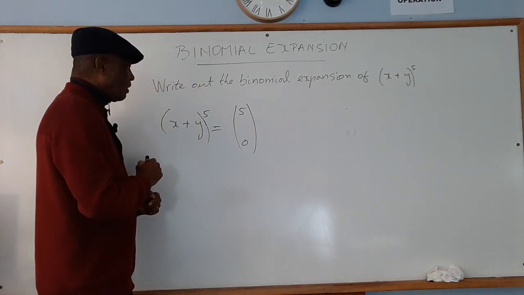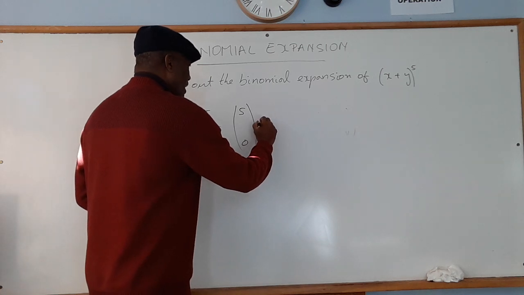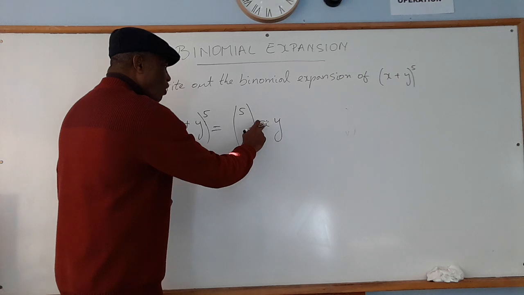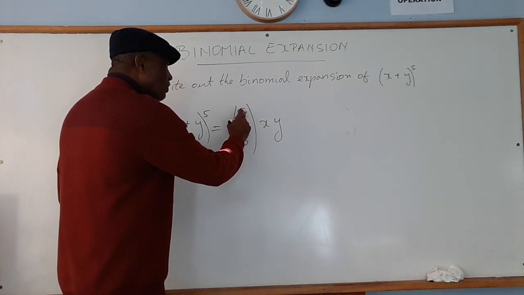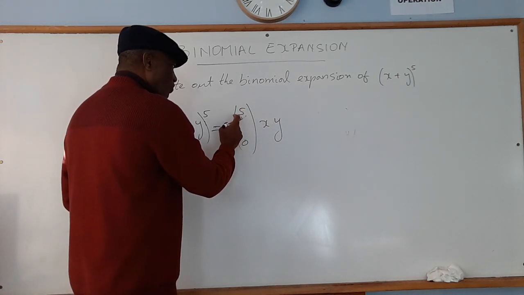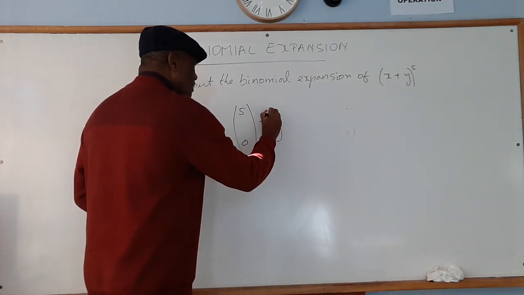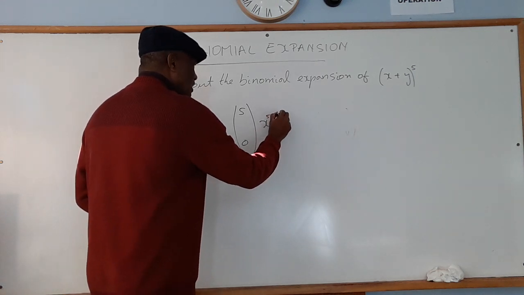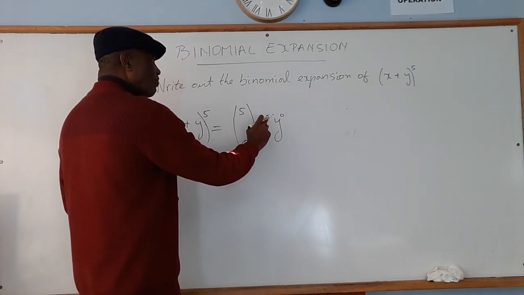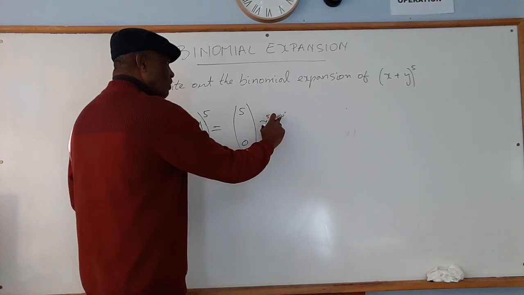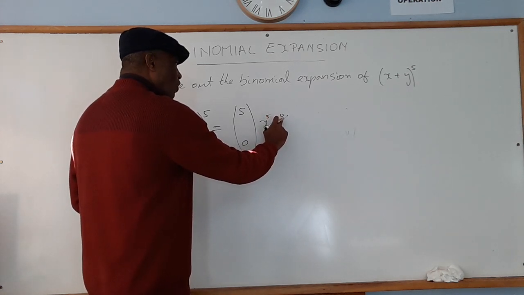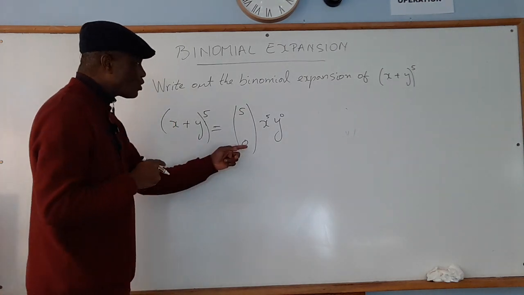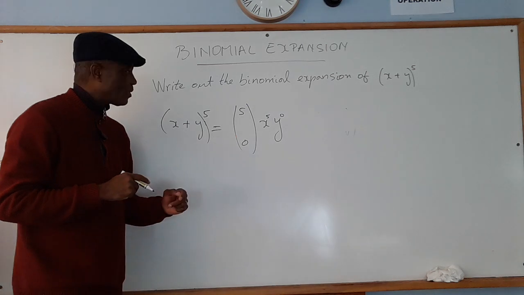This is the first term that I'm going to write: 5C0 times x, y, and the power of x will be 5 take away 0, which is 5. And the power of y will be the 0 that we have there. So the sum of the powers gives the 5 that we have there. This will be the first term.